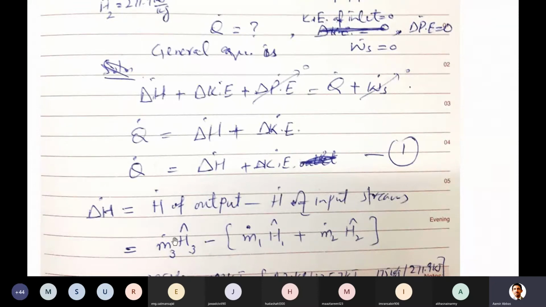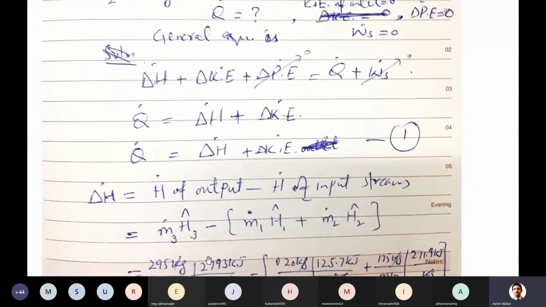H dot is equal to m dot times h cap, because this is per unit time, so it will be the mass flow rate already given to you.